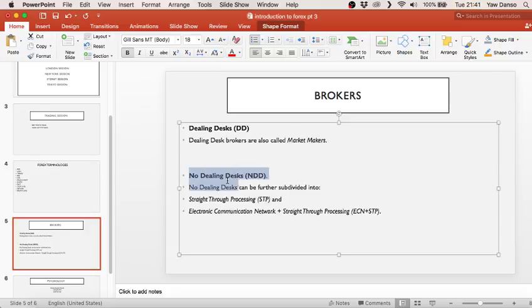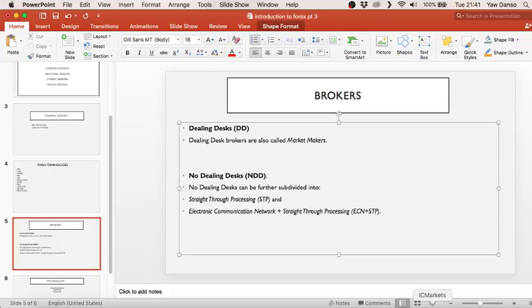Then we have these people. They are the opposite of them. Whatever these people do, they do the opposite. When you place your trade with this type of brokers, they will send your trade to the liquidity pool that I was explaining earlier.